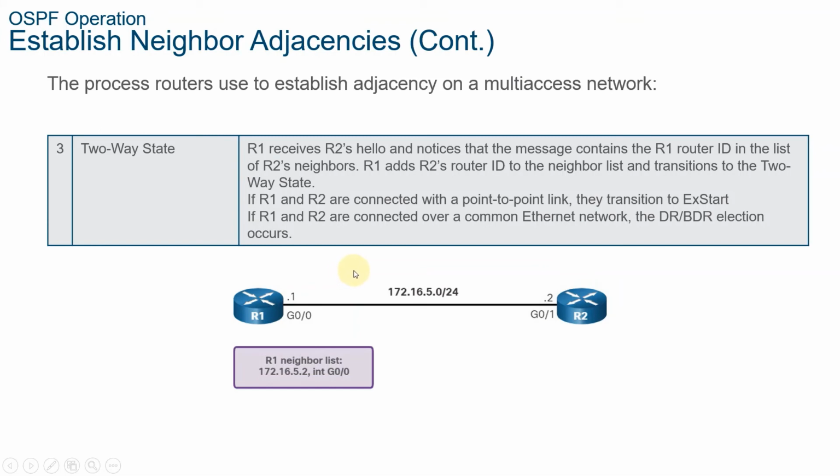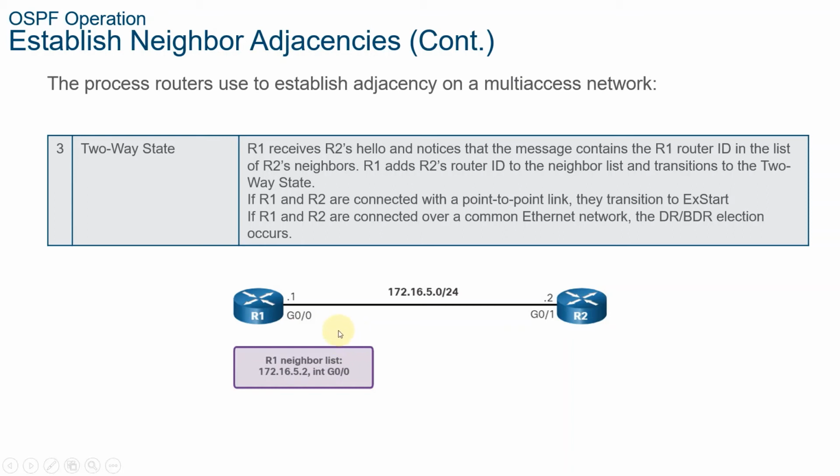Afterwards, you have the two-way state. Now what happens during the two-way state? Take note that R1 receives the hello and adds the R2 router ID to its list of OSPF neighbors. It also notices its own router ID in the list of neighbors of the hello packet.